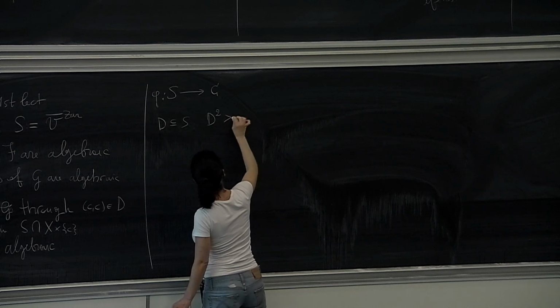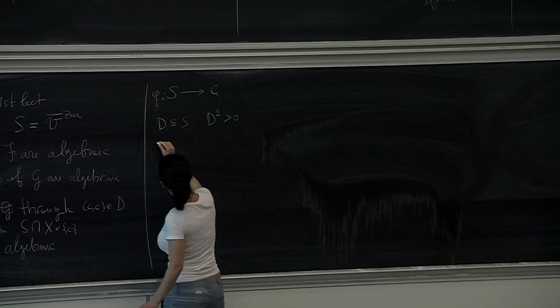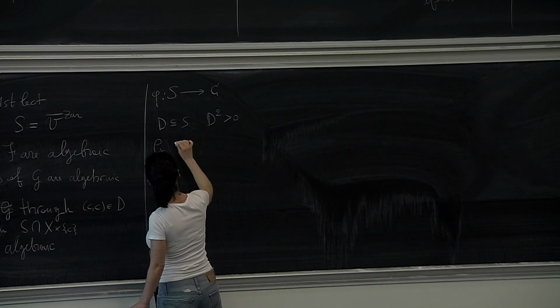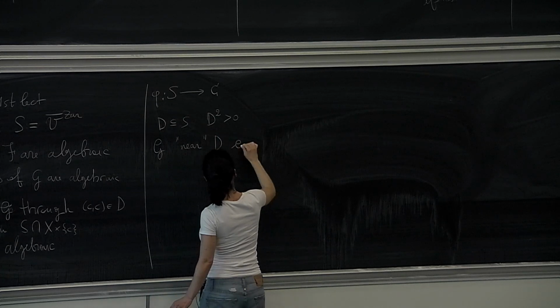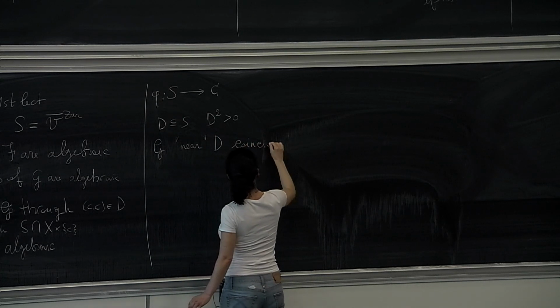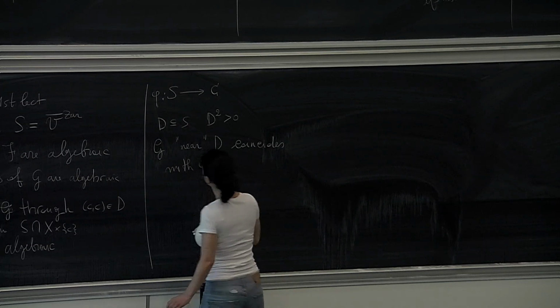D squared is positive, and G, let's say, near D coincides with phi.